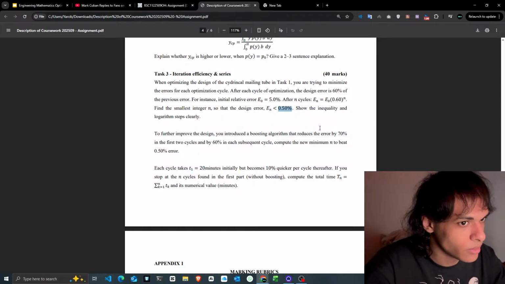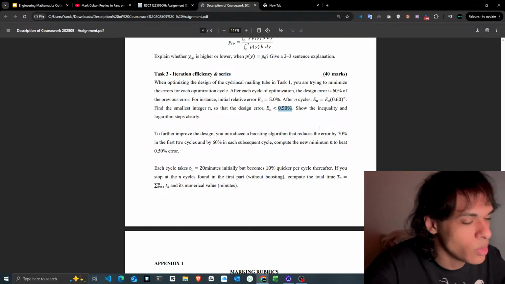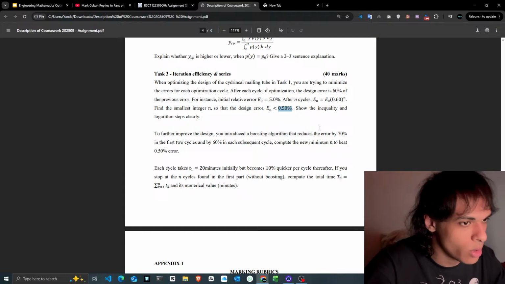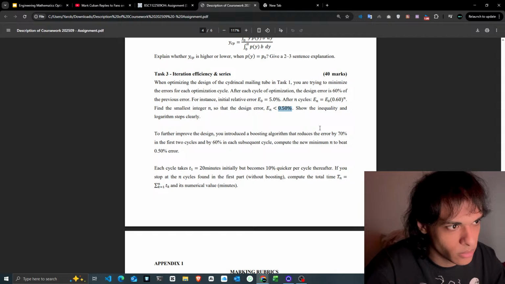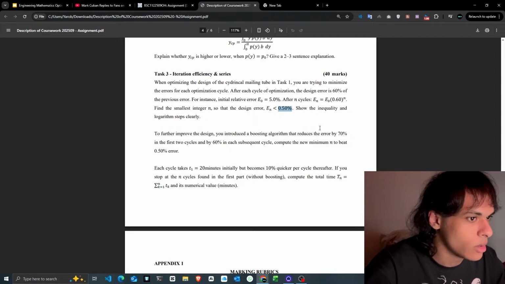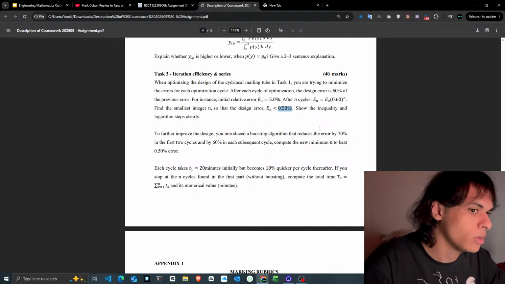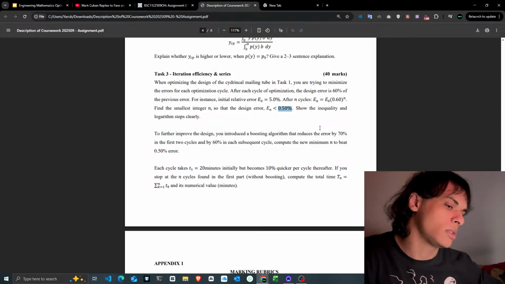Each cycle takes 20 minutes initially, but becomes 10% quicker per cycle thereafter. If you stop at the n cycles found in the first part without boosting, compute the total time T_n and the numerical value in minutes.